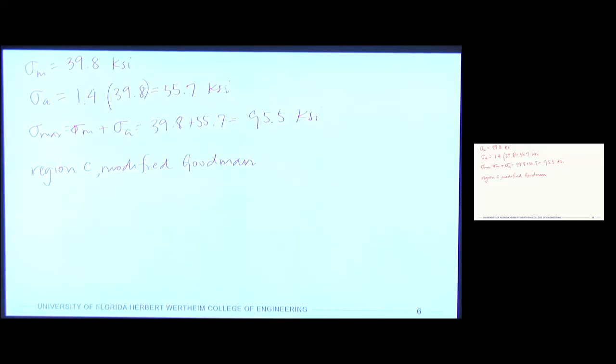But instead of using infinite life, like we did before, which was 75 KSI, now it's a fatigue strength. It's not the limit. So now we actually do have sigma n. And we can read that off at 10 to the 5 on our prior chart, and we have 87 KSI now.